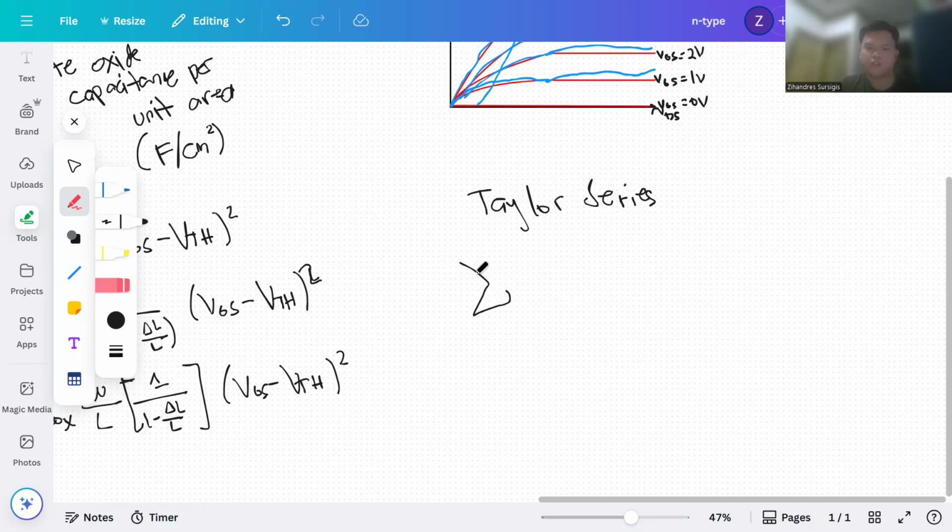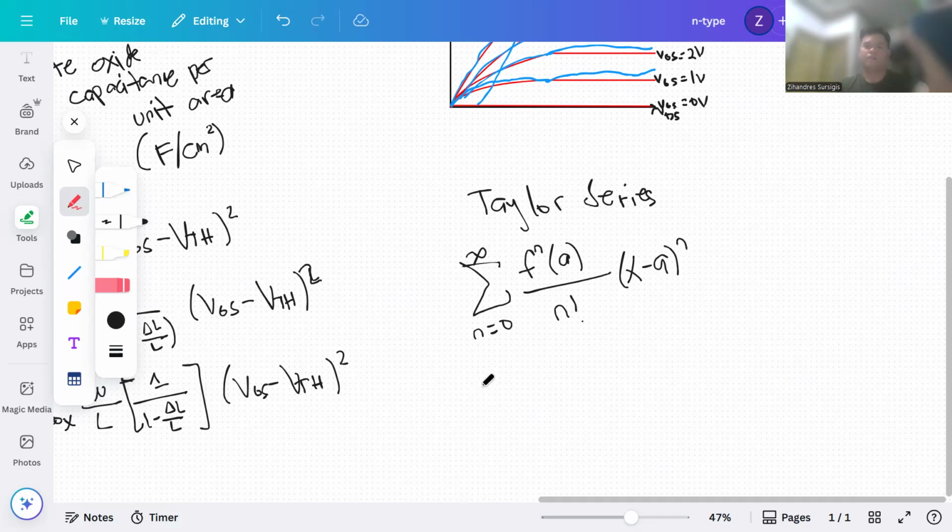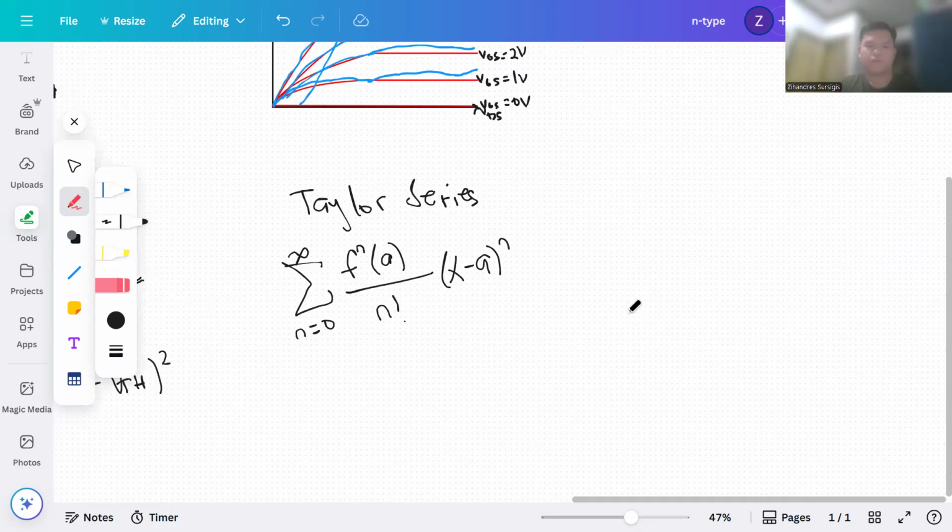So, this is just the summation from n equals 0 to infinity of the nth derivative over n factorial of x minus a raised to n. Tama ba? I think it's correct. And then, meron tayong Maclaurin series.